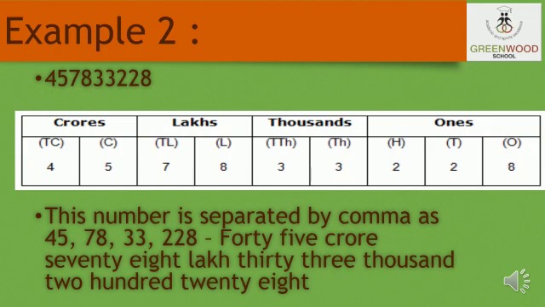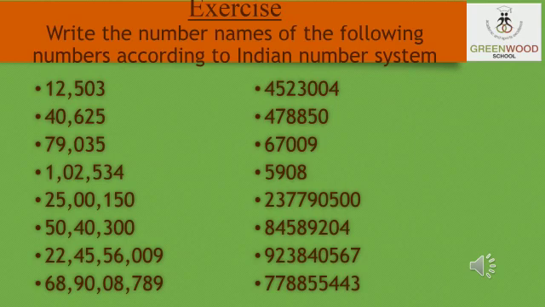So, this number is read as 45 crore 78 lakh 33,228. Now solve this exercise. You can see in this slide, in the first part, periods are already separated, while in the second part, separate the periods and then write the name of the number.